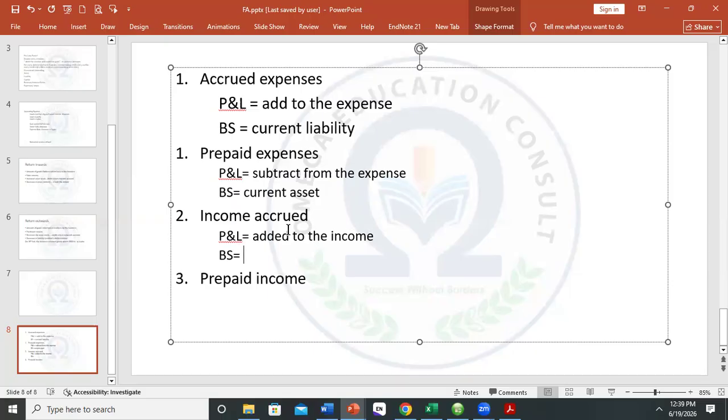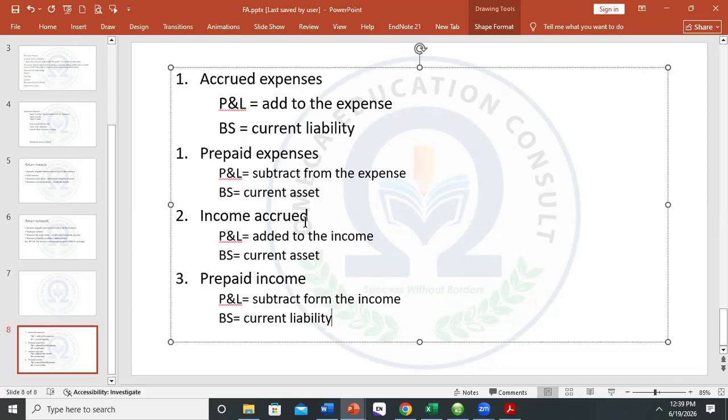Current assets. Then the last one, prepaid income. Again, you subtract from the income, and in the balance sheet, you show it as a current liability.